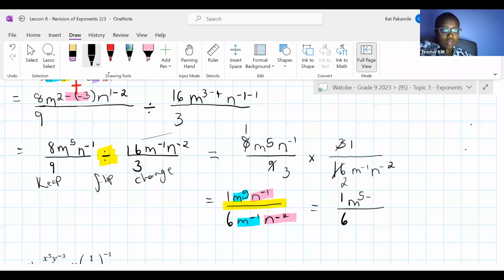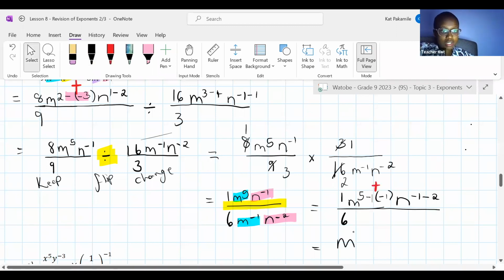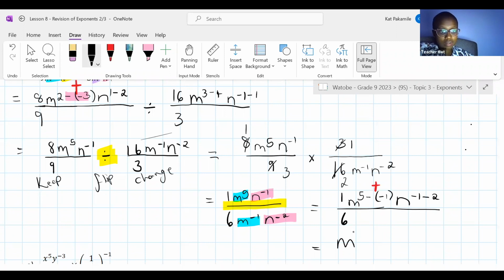For n, negative 1 minus 2. So your final answer is m to the power of, this negative is going to make a plus, so 5 plus 1, which is 6. And n is going to be negative 1 minus 2, which is negative 3, all over 6.